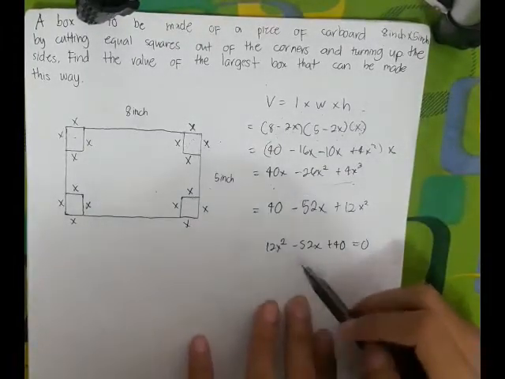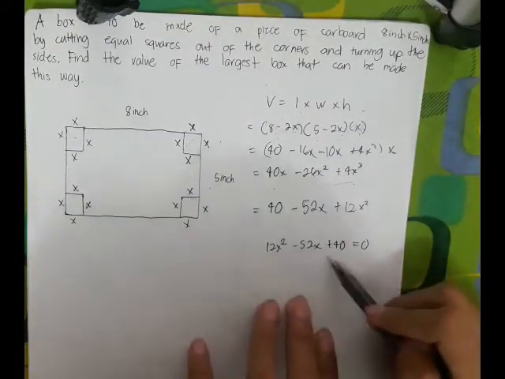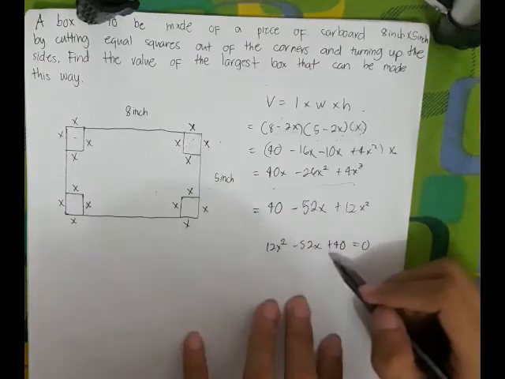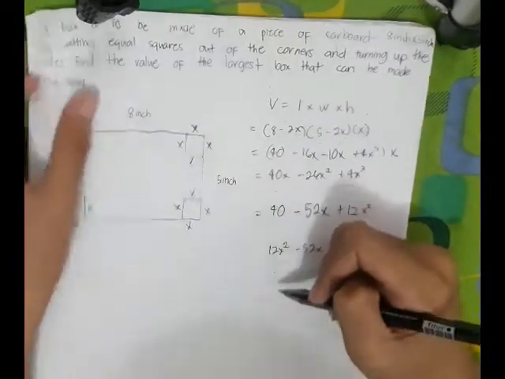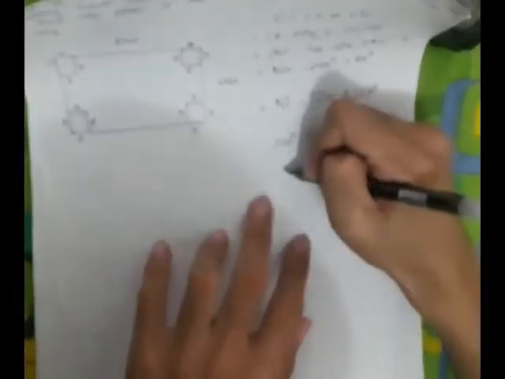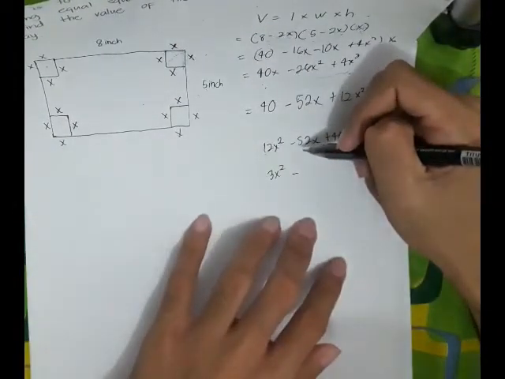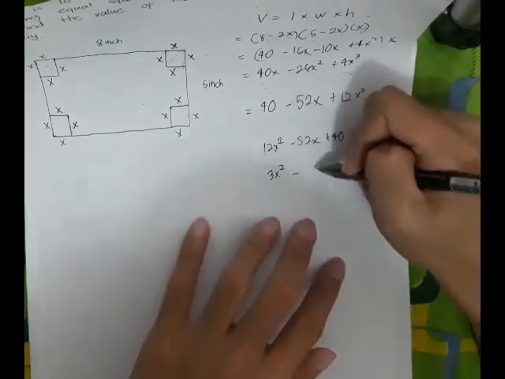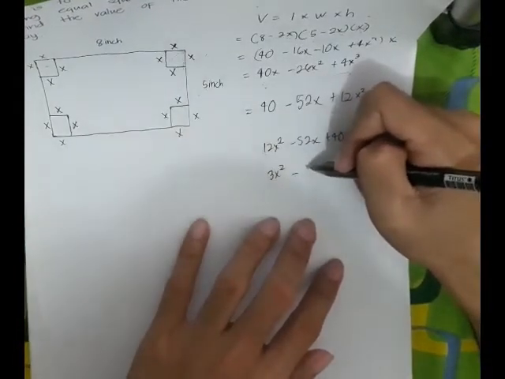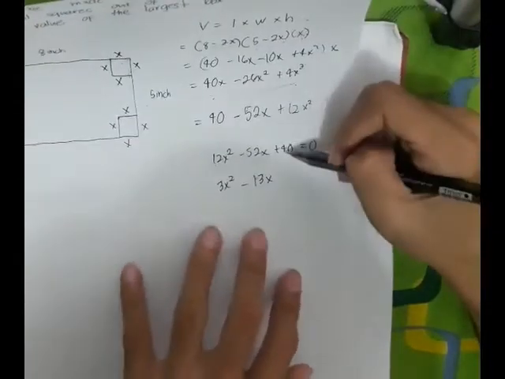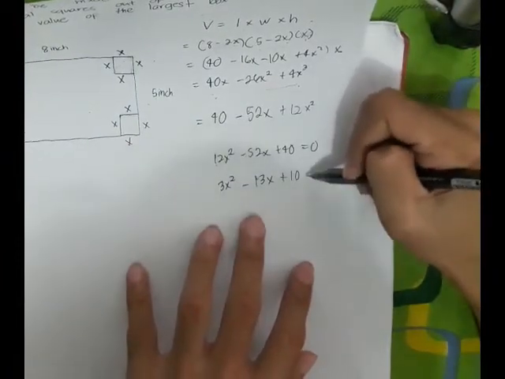We can simplify this equation by dividing each term by 4, which will be 3x squared minus 13x plus 10.